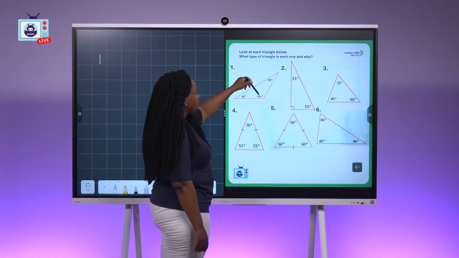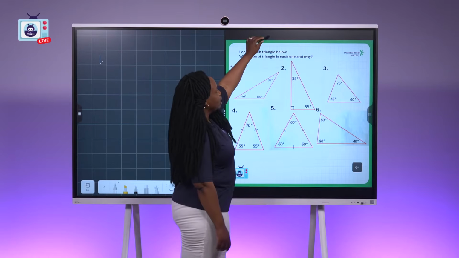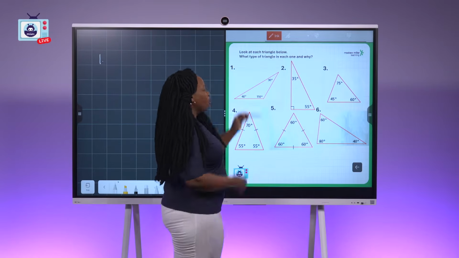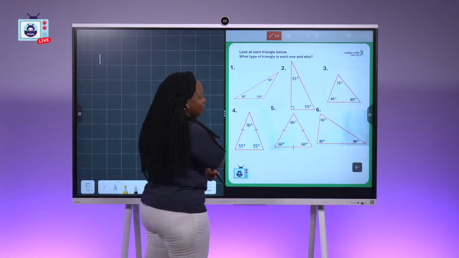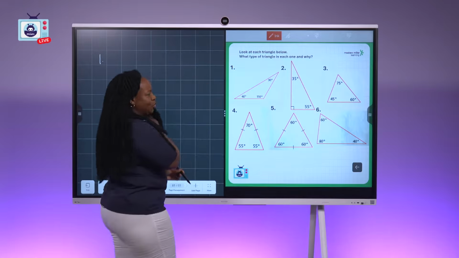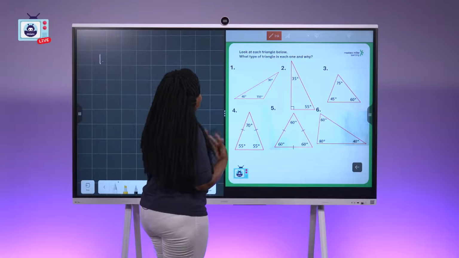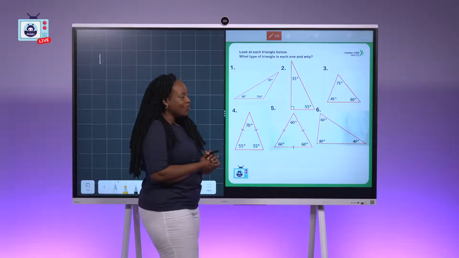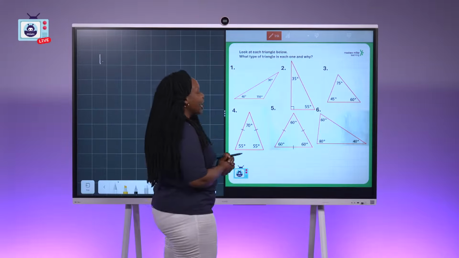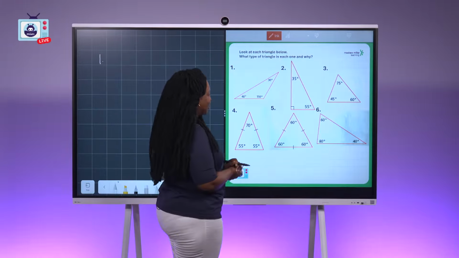Number 1, we have an angle 30, we have 40, we have 110. When we have it like that, what comes to your mind according to all the explanations we have been doing? Can you remember which triangle this is? Of course, that triangle is going to be a scalene triangle.